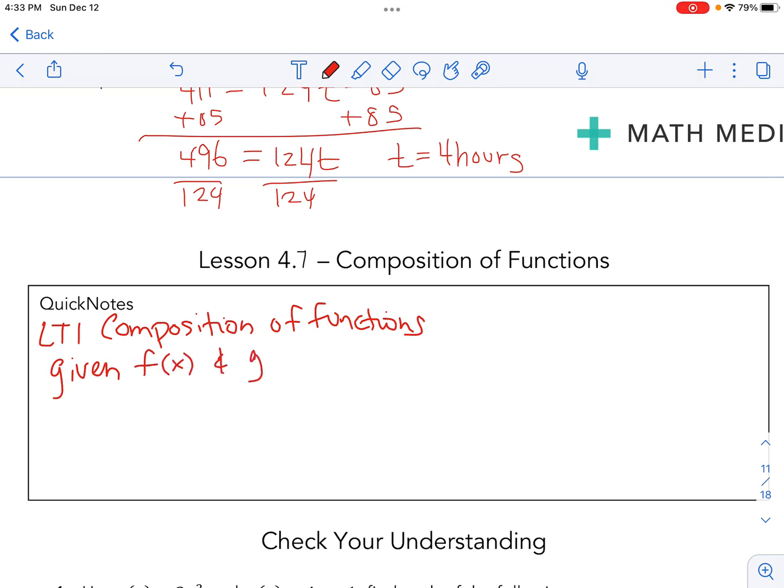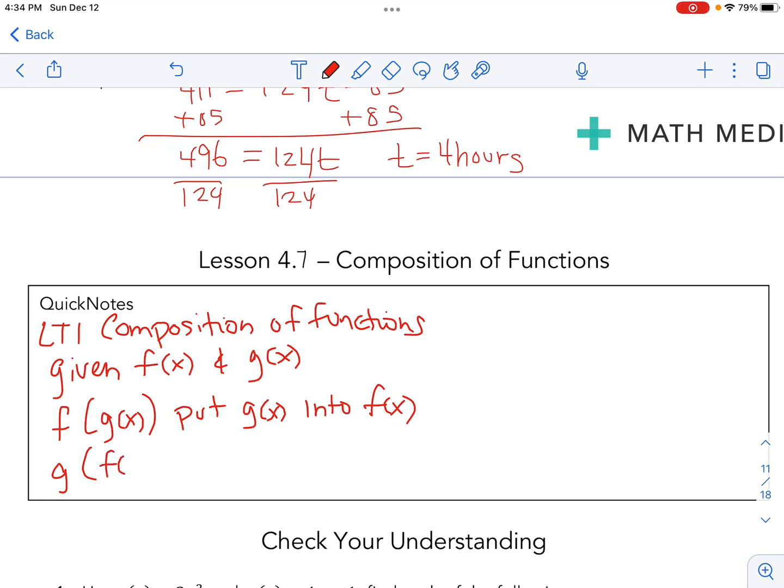So if we have two functions, f of x and g of x, we can create a composite like this, and that is saying that we are going to put g of x into f of x wherever we see an x.